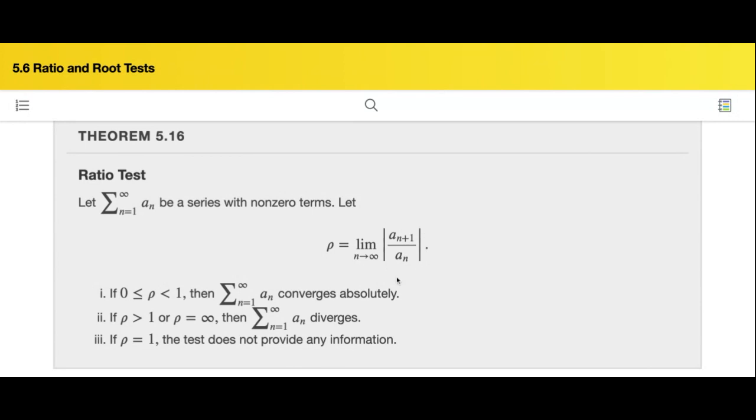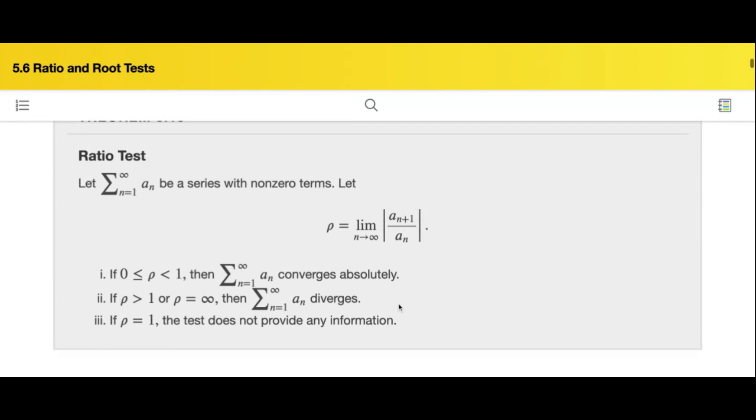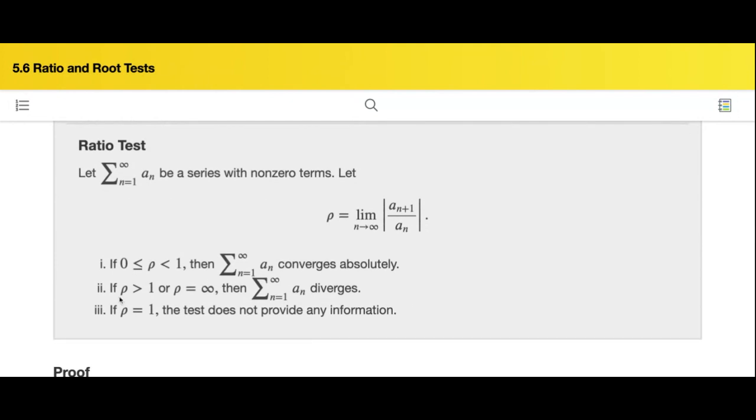The numerator is always smaller than the denominator, which means the next term in the series is always smaller, so it's a decreasing series. So if rho is less than 1, then the series converges absolutely.